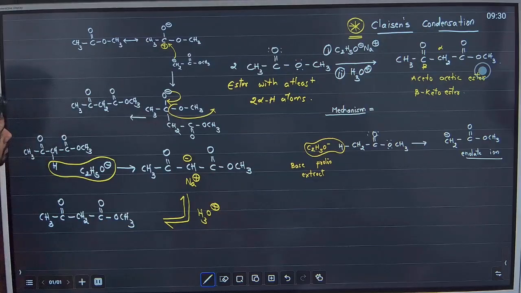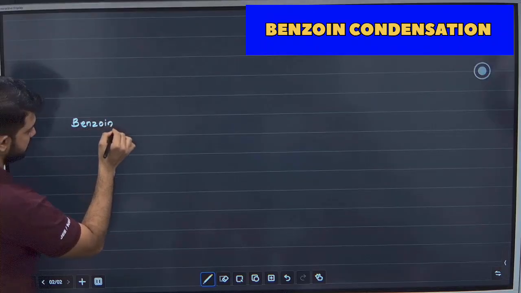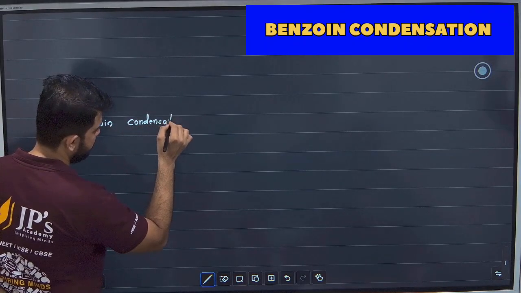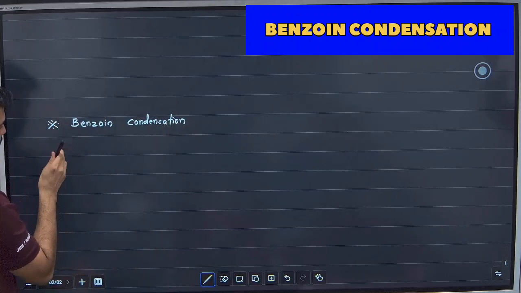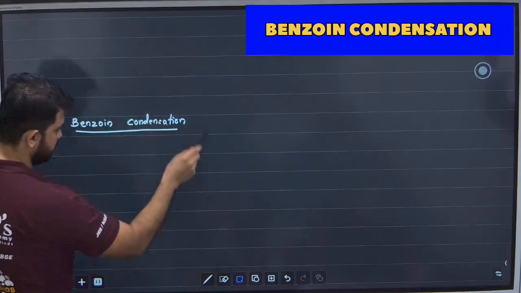Next, the next reaction that we have is called benzoin condensation. Now let's understand what is benzoin condensation.